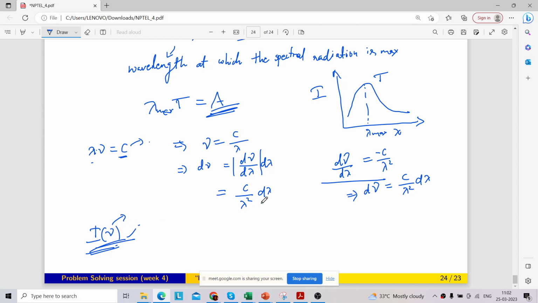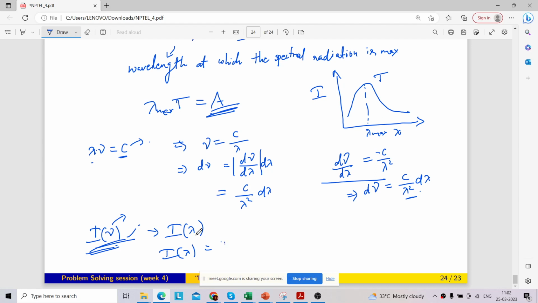As we are converting everything to wavelength, we can convert this intensity in terms of wavelength also.